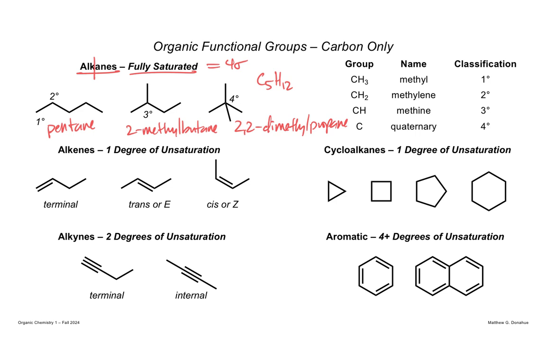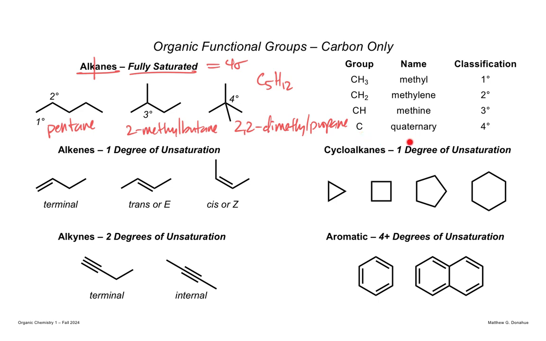Notice to the right here, I say group CH3, that's called methyl. And another way of classifying it is we use these numbers. So we say a methyl group is primary. CH2 is called methylene, that's secondary. CH is methine, that's tertiary.